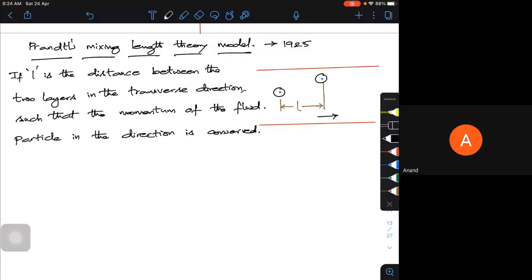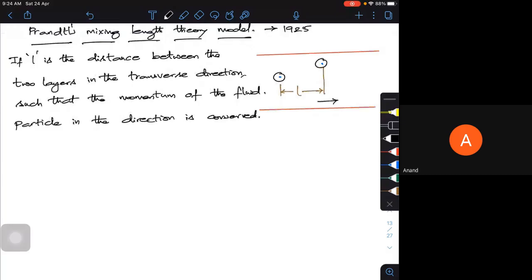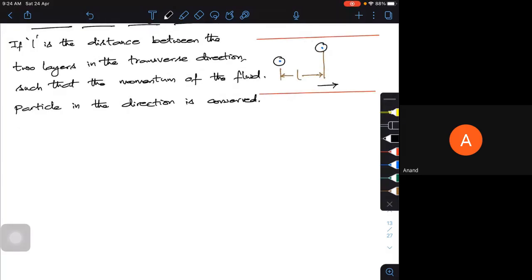Now, at any given point, if I write in terms of shear stress of fluid particles for turbulent phenomena, tau t has the average component plus the fluctuating component.